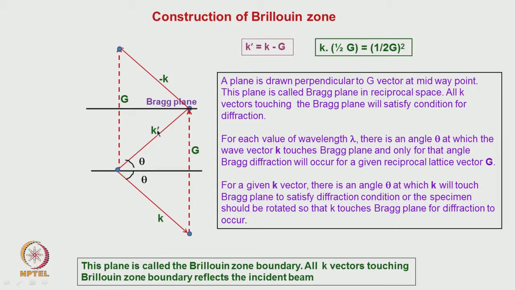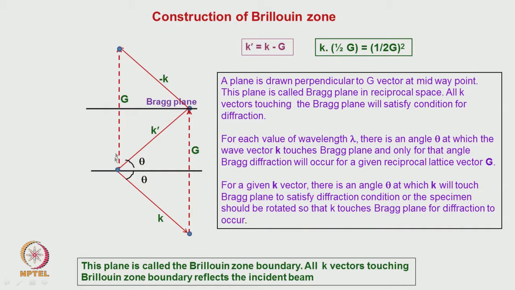The projection which we have to take with respect to this has to be half g squared, correct. So, this vector, the scattering vector, has to always touch this plane. If it touches this plane only, this condition will be satisfied, because this is the condition for Bragg law. That is essentially what we are looking at.